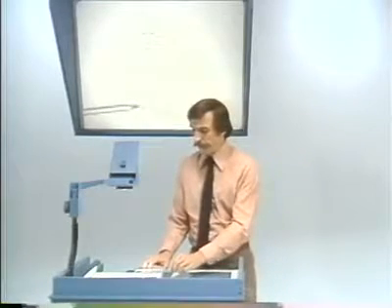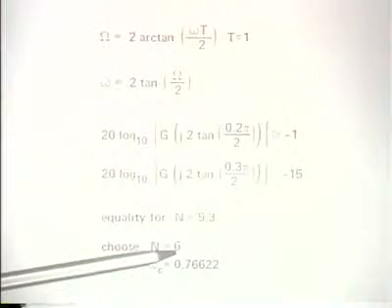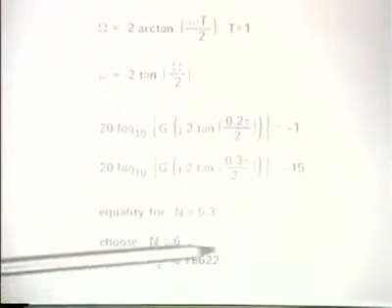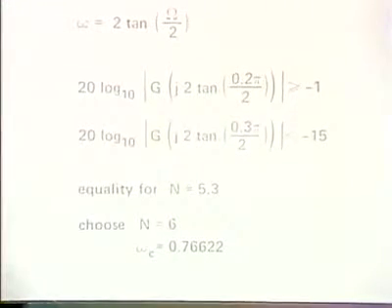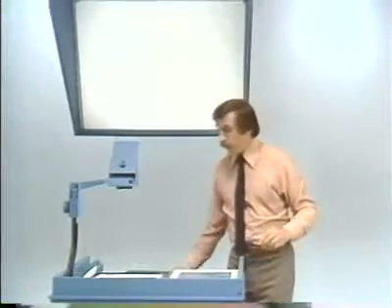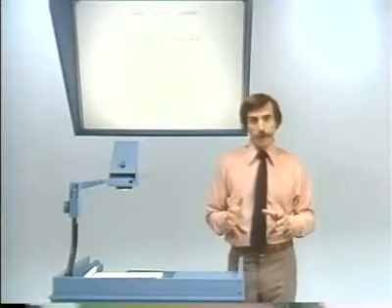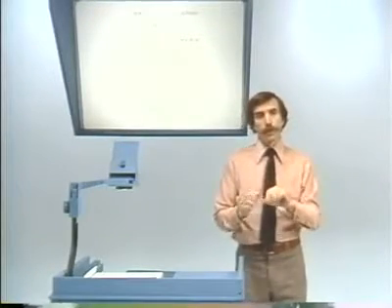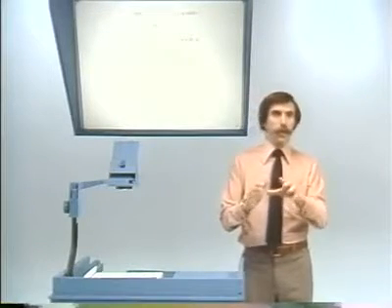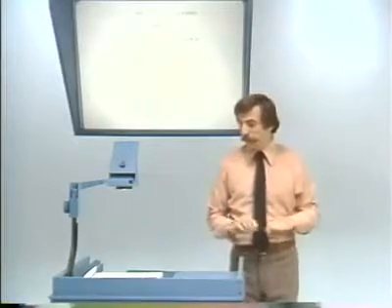And the result of doing that is to choose a filter order capital N equal to 6, and the parameter omega sub c in the Butterworth filter is given by 0.76622. All right, so now we have the parameters for the continuous time Butterworth filter, which, when mapped to the discrete time filter through the bilinear transformation, will exceed our requirements in the passband and just meet the stopband cutoff.